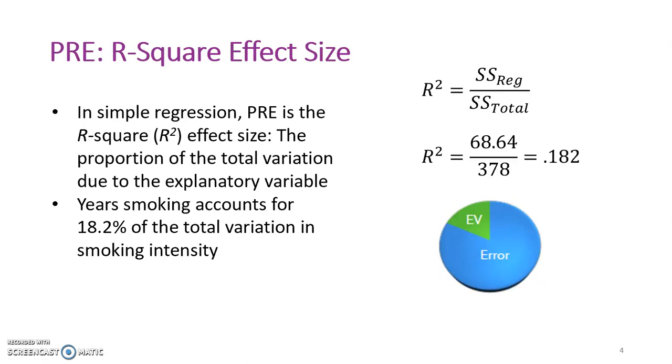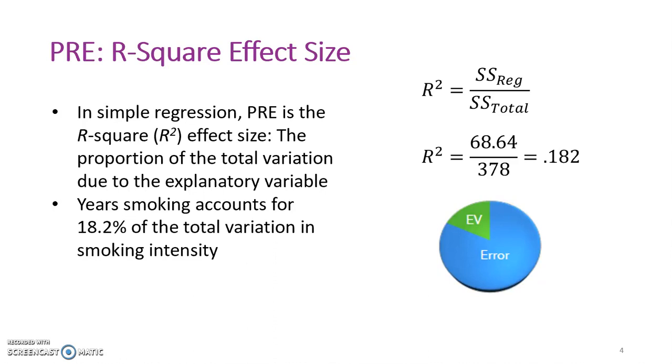Now, an effect size is essentially a value that gives us information about the magnitude of an effect. And the way that we interpret it is that it's the proportion of the total variability that's due to the predictor variable, or the explanatory variable, when we only have one variable in simple linear regression that we're incorporating into the augmented model.